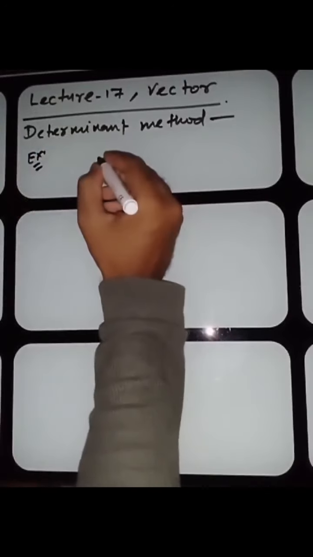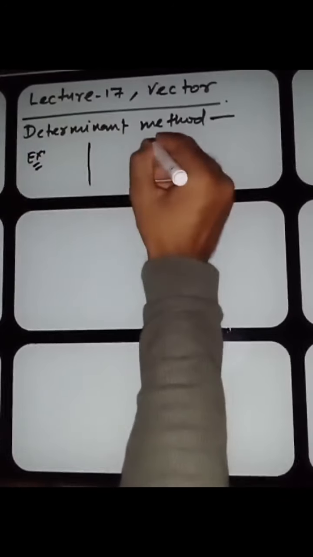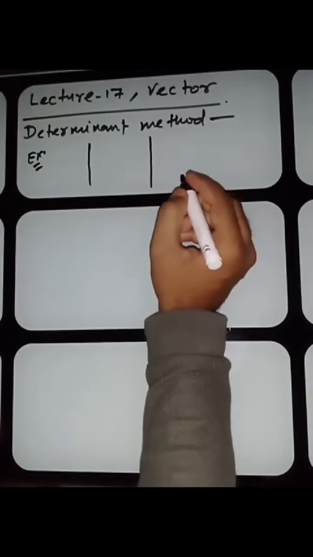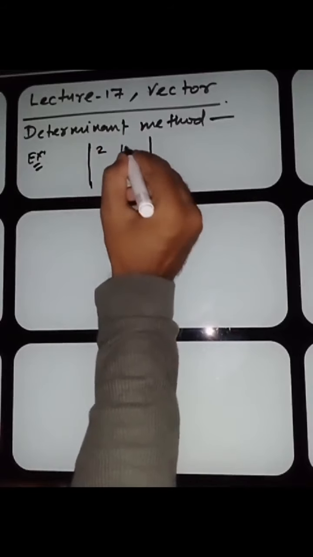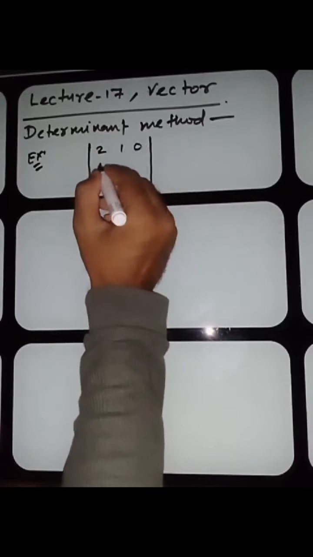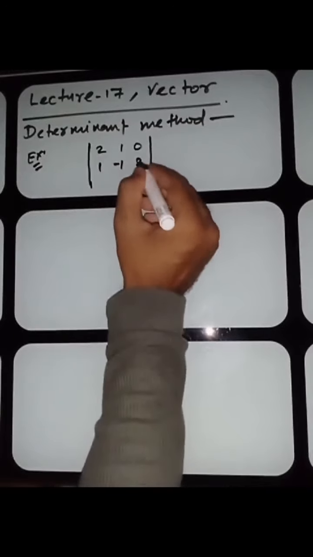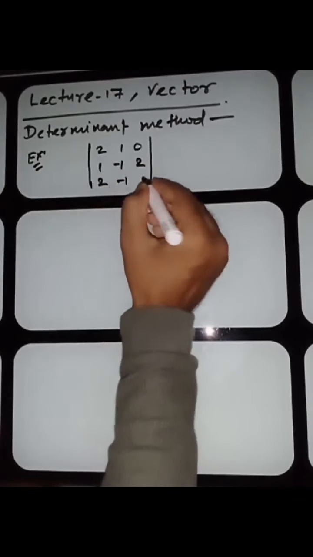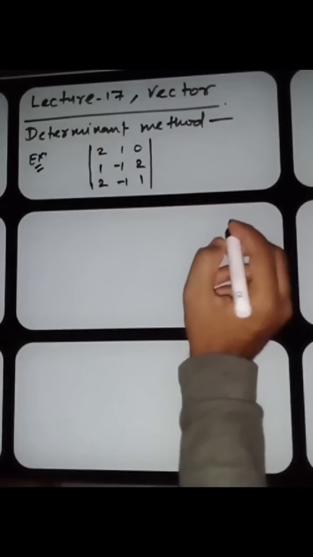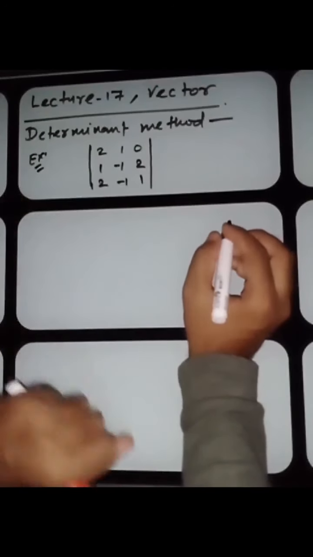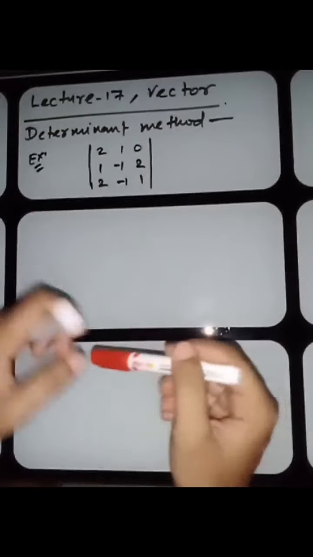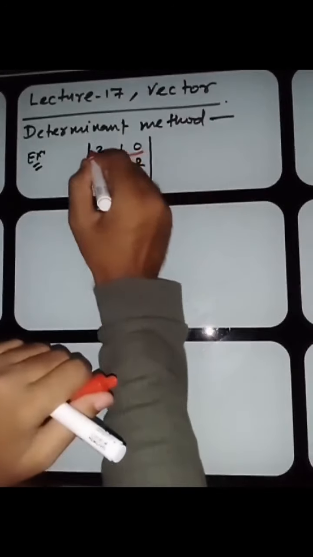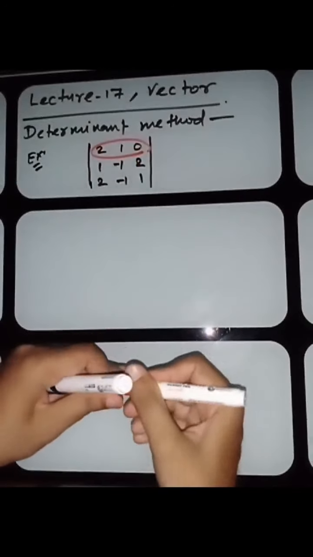For example, here I have a question: 2, 1, 0, 1, minus 1, 2, 2, minus 1, and 1. I'm going to solve this determinant for you. Okay, students, to solve it I'm using the first row.